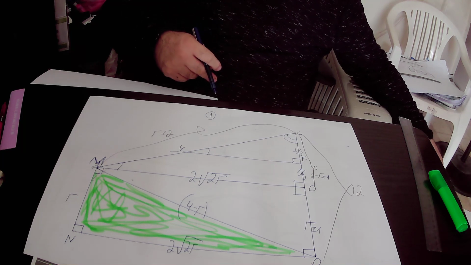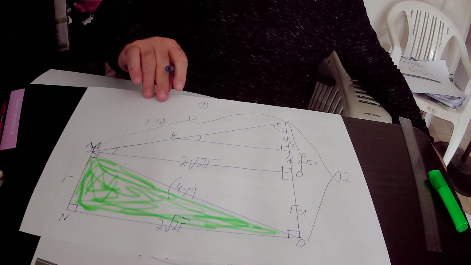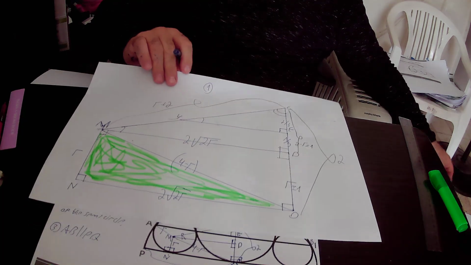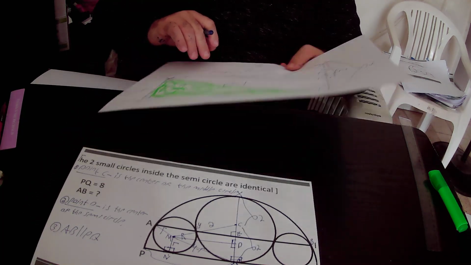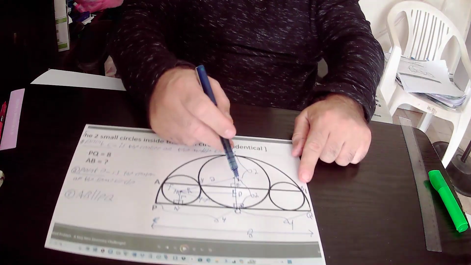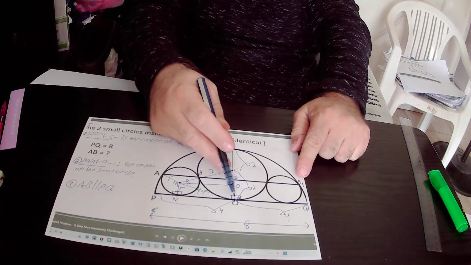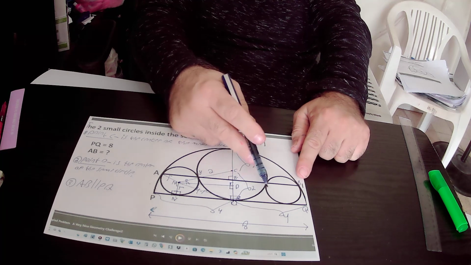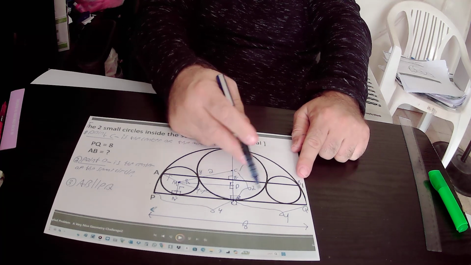So I will draw again. We will actually join together points B and O by a straight line.